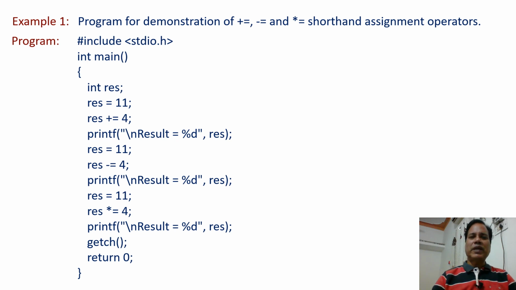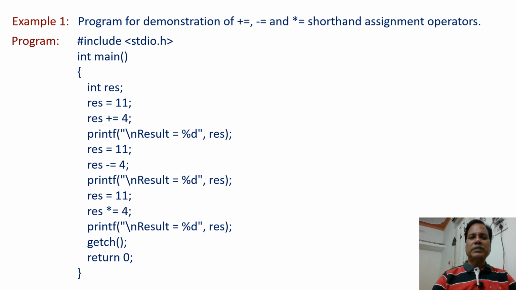Next is int main. Main is the name of the function. If there is only one function, its name is always going to be main. The int keyword indicates that this function returns an integer value.